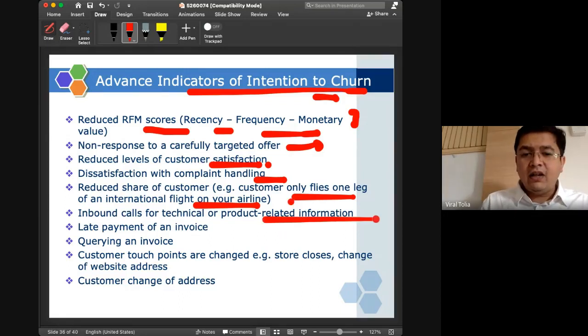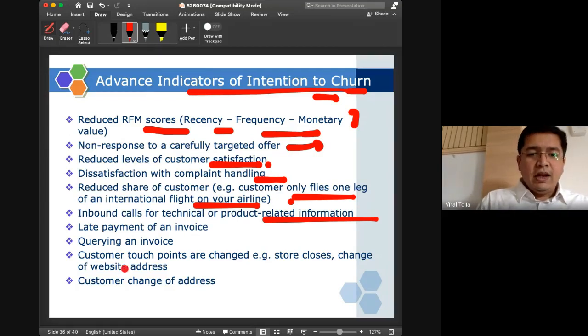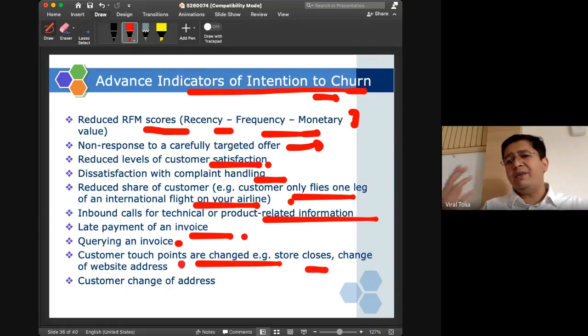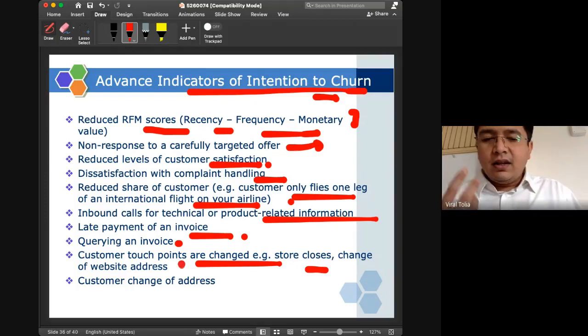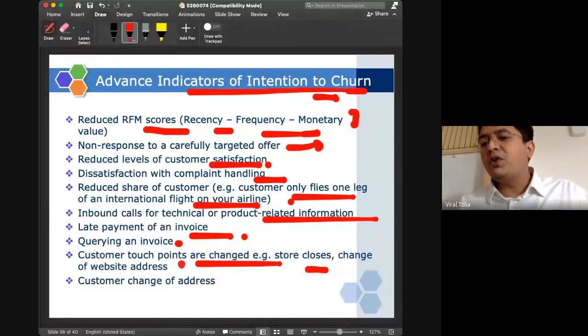Inbound calls for technical or product related information, that can be there. They are asking you something, but you are just answering as a formality, they will become very negative about you. Late payment on the invoice can definitely be a problem. Querying an invoice, customer touch points changing, store closures, changes of the website address. It gives a very negative feeling. Try to understand. And once the customer is negative about you, trust me, whatever efforts you put in, it becomes impossible to make them positive.